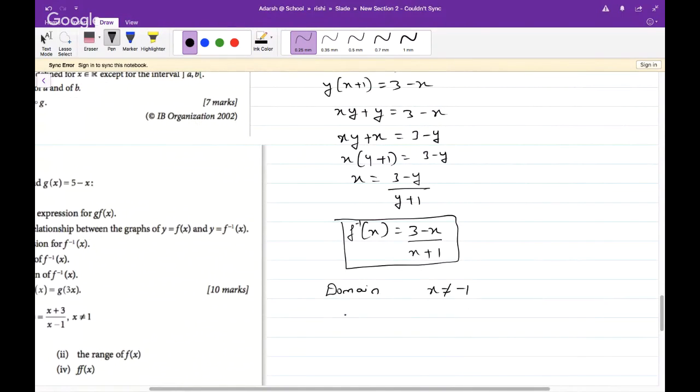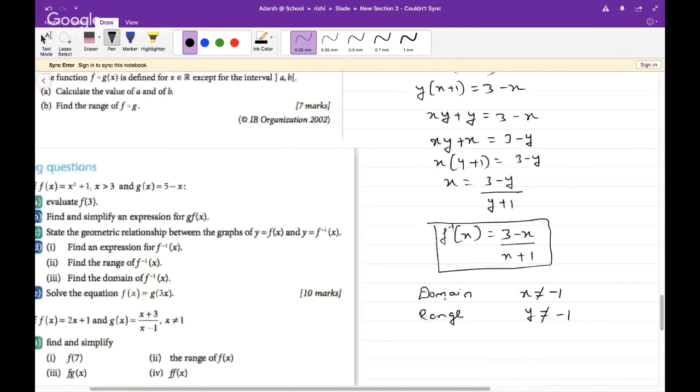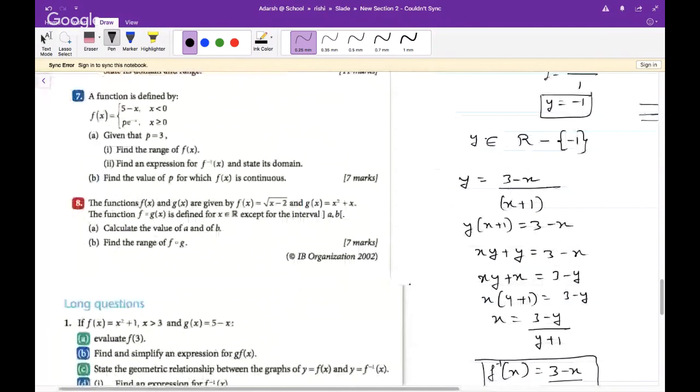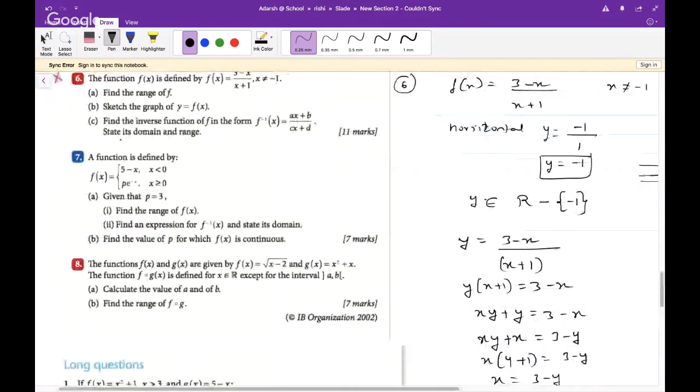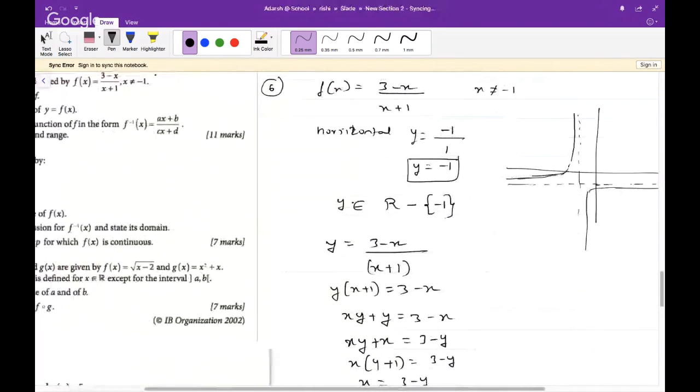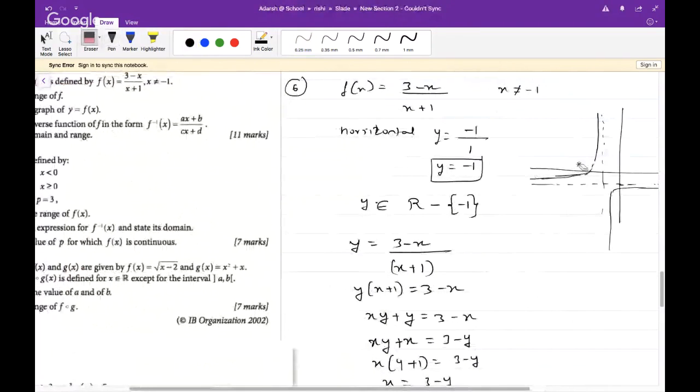The range is the same thing, y cannot be minus 1. So this is the domain and range. That is the only thing you have to find out. Hope you understood this graph properly. If you didn't understand, I'll explain this again.